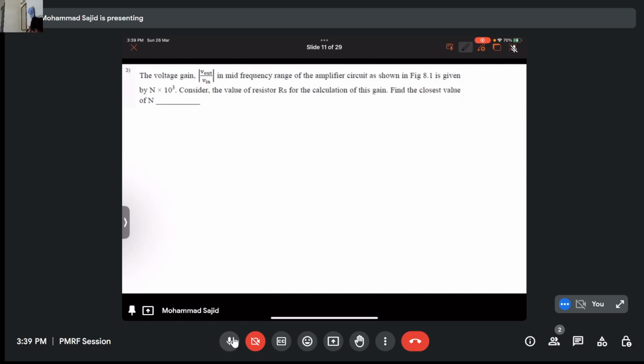Next, what we have to calculate is gain. Okay, so this is another good question because it will involve this equivalent circuit again.